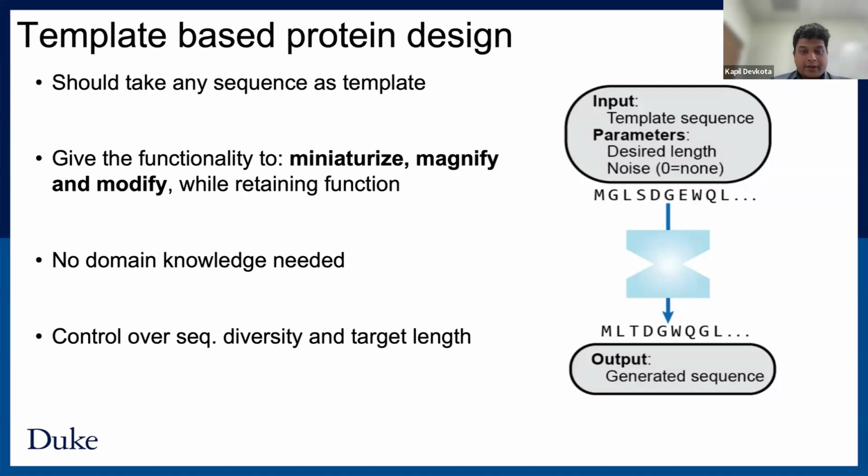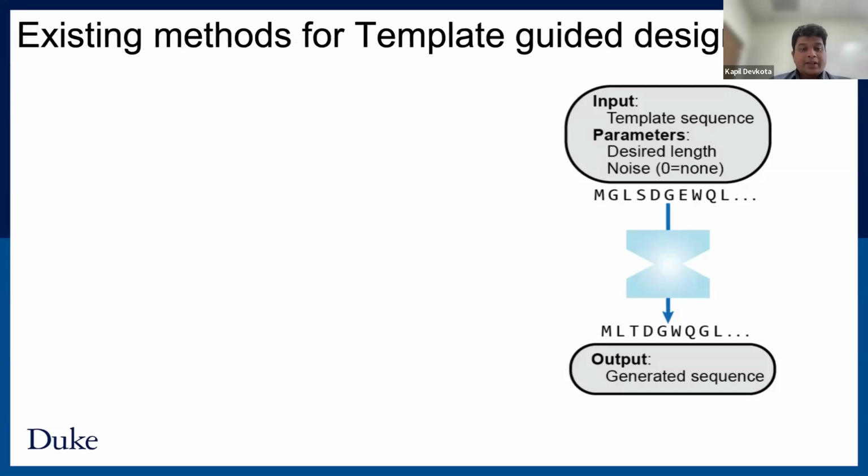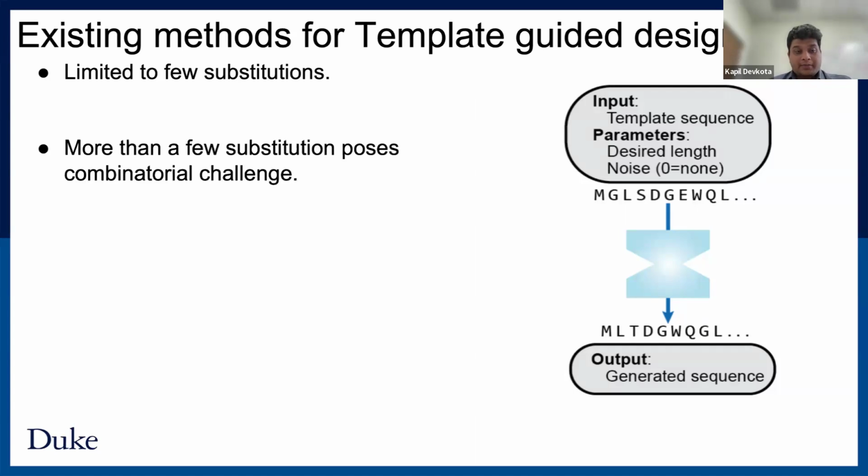Existing methods of template guided design exist but are very primitive, and they are limited to a few substitutions. If you want to do more than one substitution, that poses an immense combinatorial challenge. In order to overcome this combinatorial hurdle, you require some domain knowledge to guide you through this problem, including knowledge on where to edit.